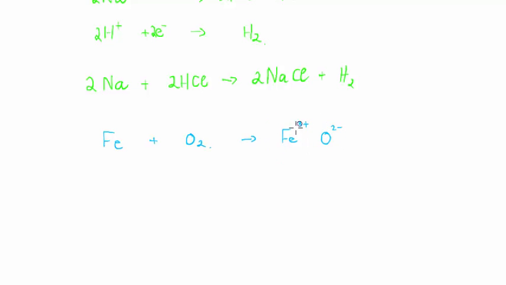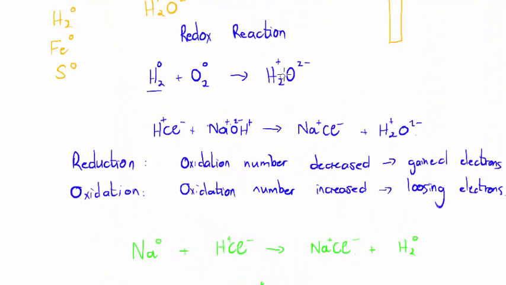The oxidation number, when I multiply this little subscript with the oxidation number for both, they must cancel out. So for example, look at my oxygen up here, my water. 2 positives and 2 negatives. So in other words, 2 times positive 1 and 1 times 2 negative gives me the same answer.